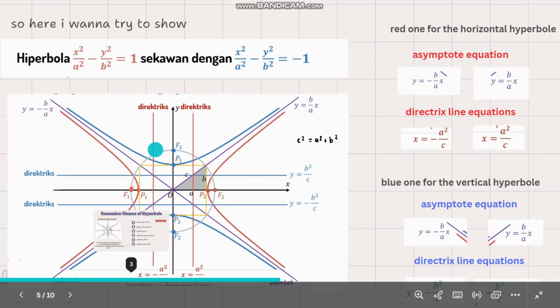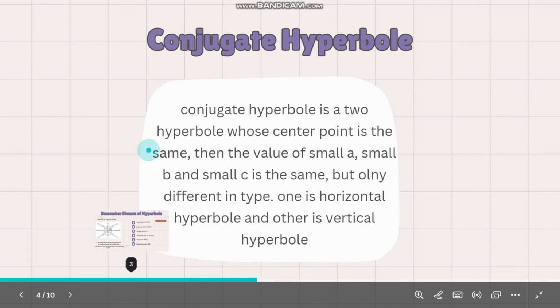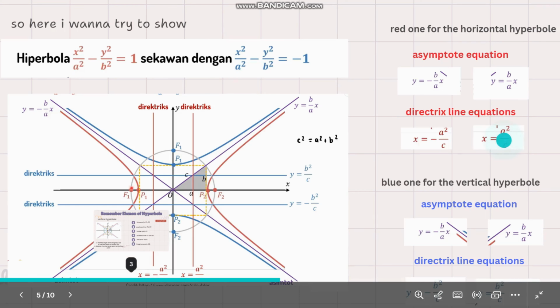And for the vertical hyperbole, we can draw the graph like this.